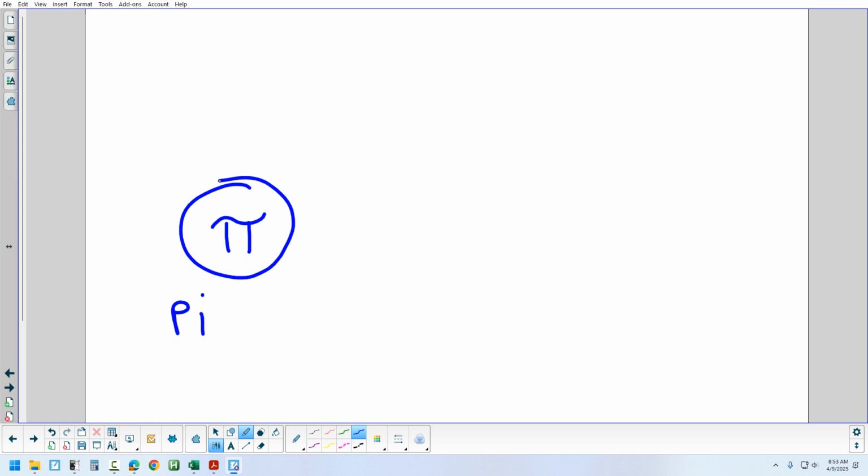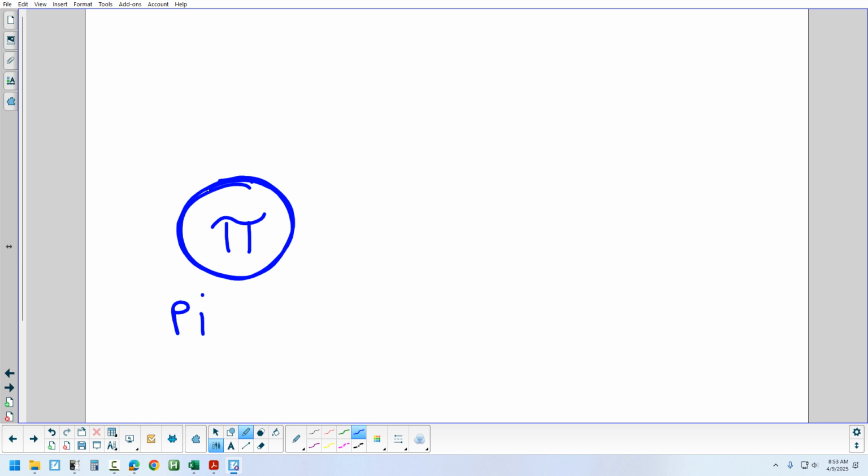Now, in math, we connect that letter with something. What is that letter associated with in math? What's the meaning of this now, looking at it from math? It's not just a Greek letter anymore. It's like the circumference of a circle and a number that never really ends.